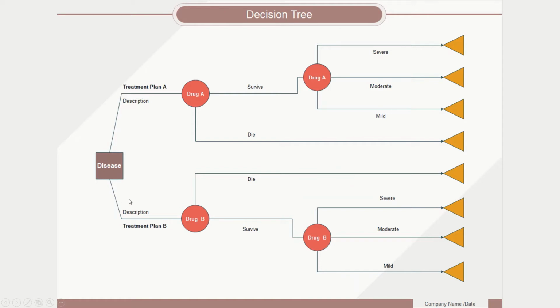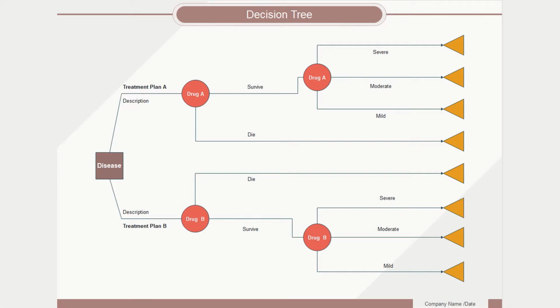So as you can see, there are two treatment plans, and when you move along with the treatment plans, there'll be certain drugs that you can take, and depending on those drugs in different stages, you will get a different outcome, right? So this is what a decision tree looks like, and I'm pretty sure you have studied this thoroughly and you have a good knowledge about this already.